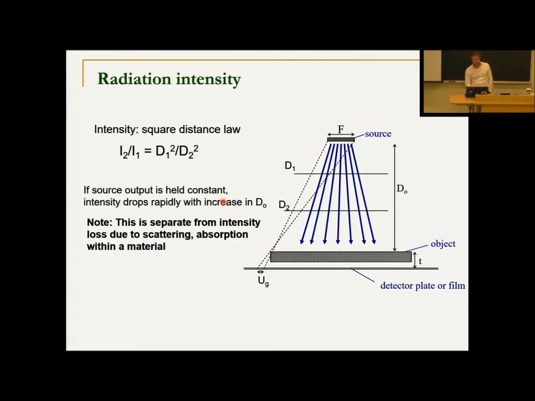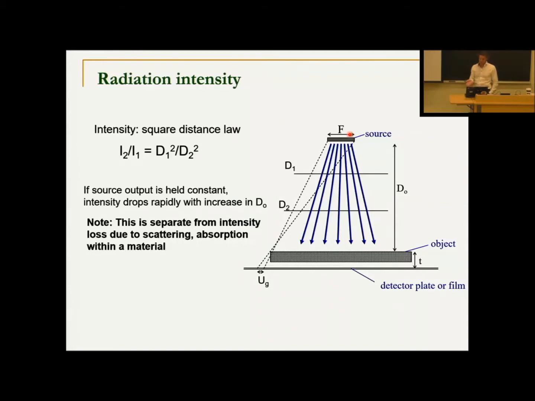So a couple things to point out. When we have a radiation source here, this intensity, as it propagates through a material and through space, dissipates or drops off pretty quickly, right? As the square of the distance from the source, right?